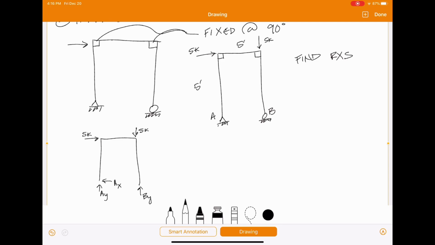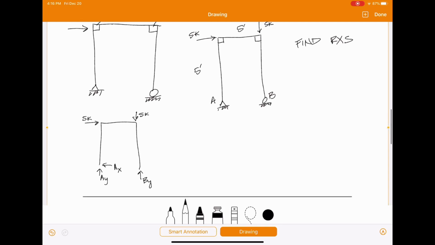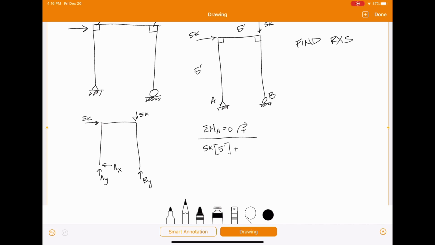All right, so let's go ahead and take a sum of moments about A. So we're going to get our horizontal 5 kips times our vertical 5 feet plus our vertical 5 kips times our horizontal 5 feet minus our reaction at B times our horizontal 5 feet equals 0. You'll solve for that and you'll get By equals 10 kips up.